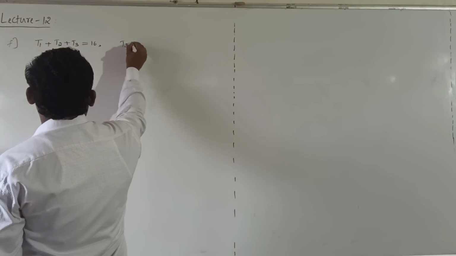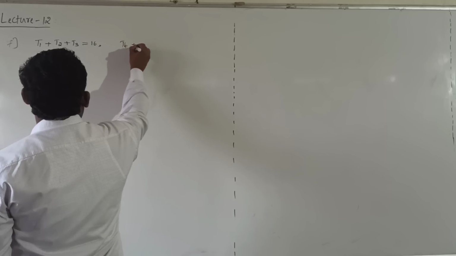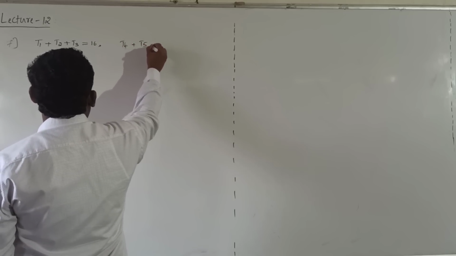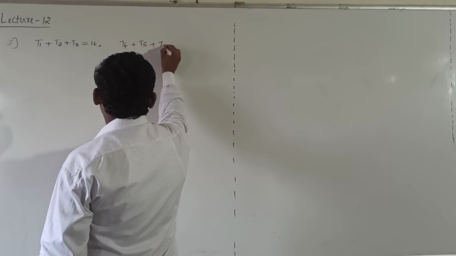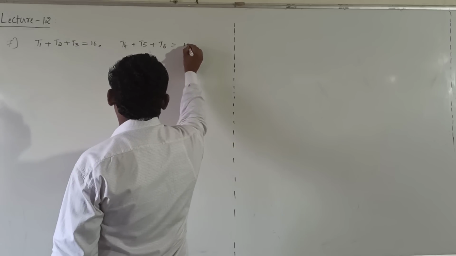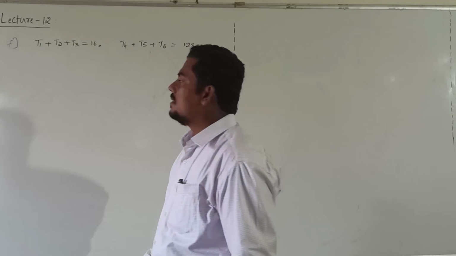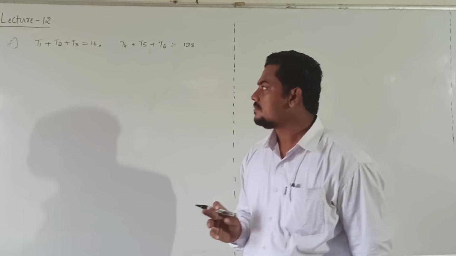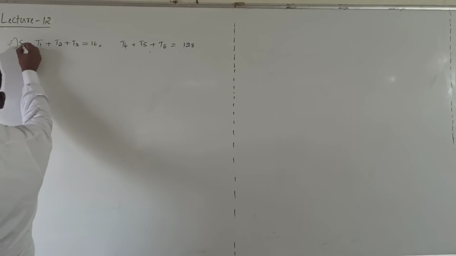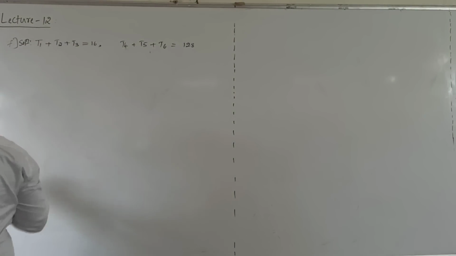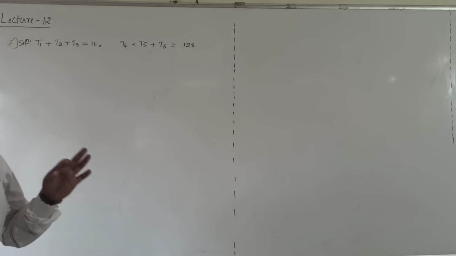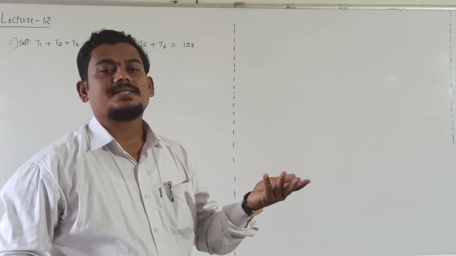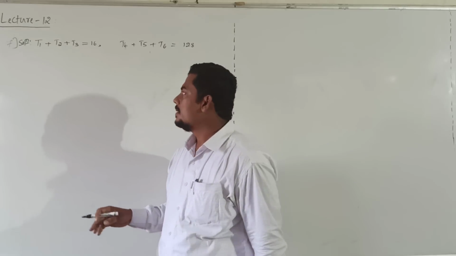That is, T4 plus T5 plus T6 is 128. This is the given condition. Find the first term, common ratio and sum of first n terms.